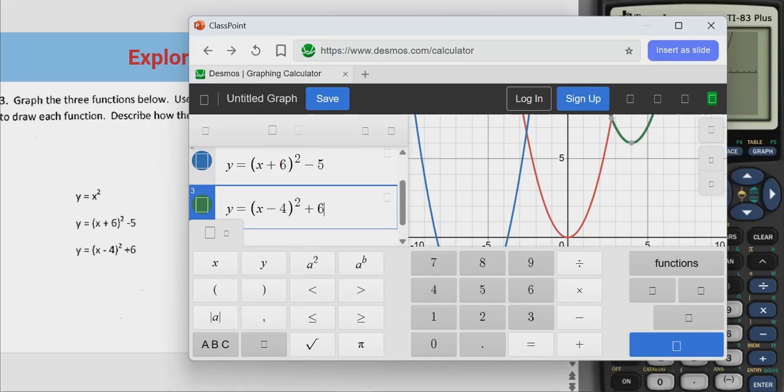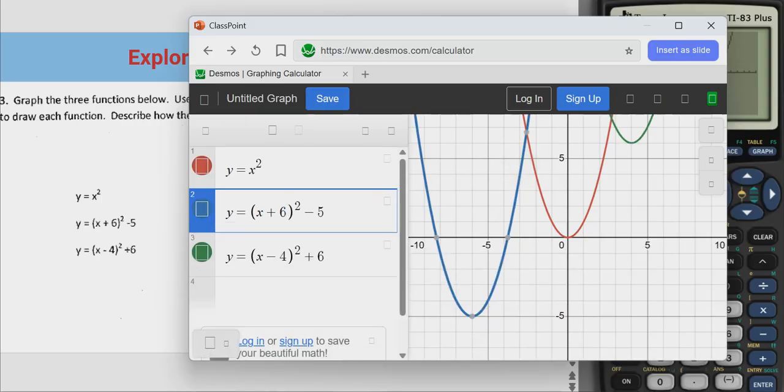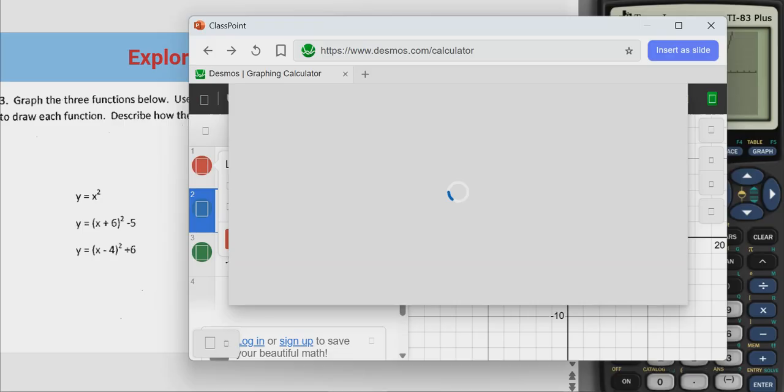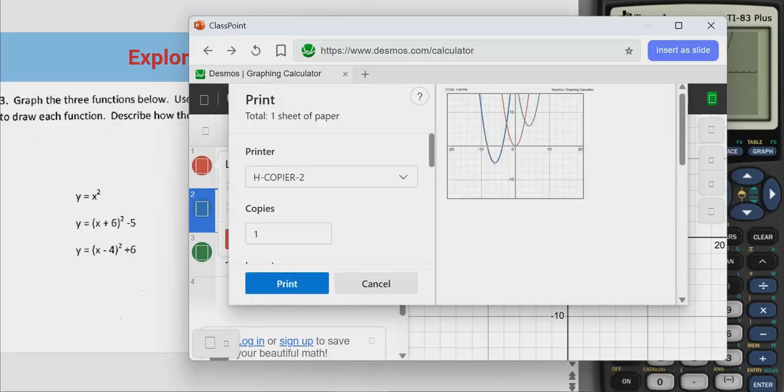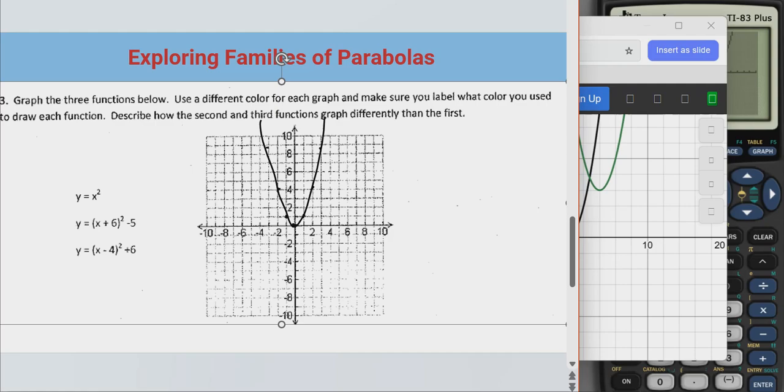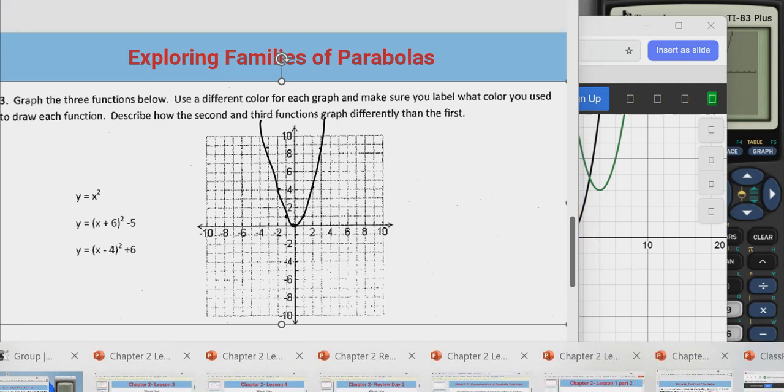Okay, and the nice thing about Desmos is it gives us a nice color-coded graph. Zoom out a little bit there. And we see that our original x squared, we can change that to black like we'd been using, and we'll change to red and green just to keep up with what we've been working on.